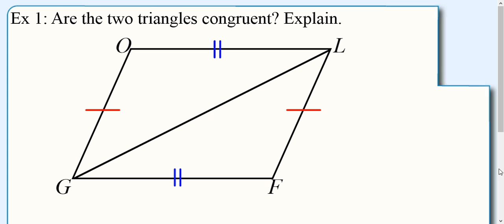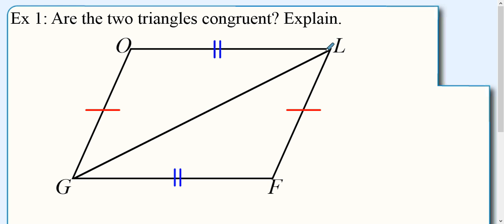And we've got some markings. We know that OG and LF are congruent because they're marked, one arc apiece. We know that OL and GF are congruent because they're marked. So that's already two sides of our first triangle congruent to two sides of the other.